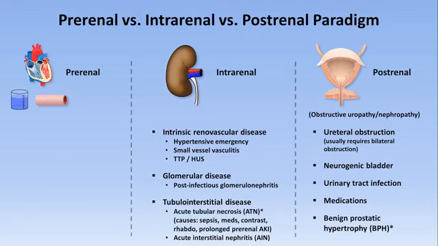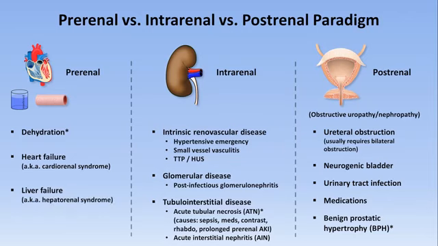So for specific etiologies, there is dehydration from any cause. Heart failure that leads to kidney injury is sometimes called cardiorenal syndrome, though not all nephrologists like that term. And liver failure that leads to kidney problems is called hepatorenal syndrome. The specific mechanisms of cardiorenal and hepatorenal syndromes are beyond the scope of this particular video.